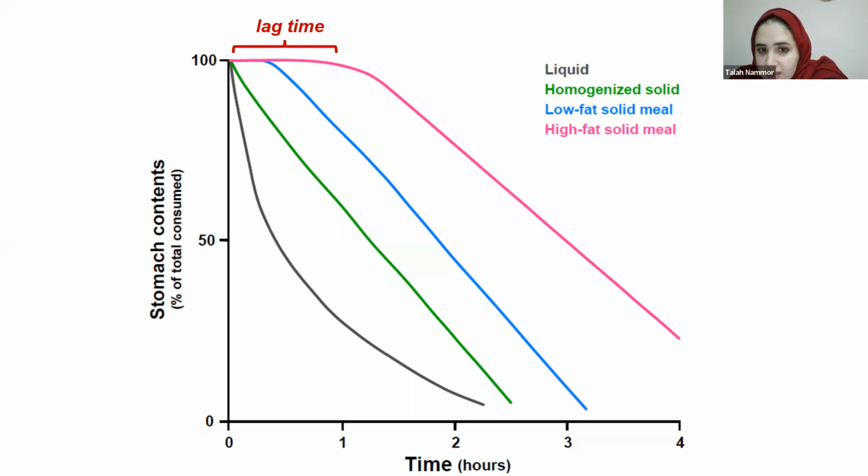Do you remember this? We said fat is the reason why gastric emptying is slowed down. Yeah, so that's why high fat solid foods are going to take the most time in being emptied from the stomach, followed by low fat solid, and last but not least the normal solid that has no fat. That's it.